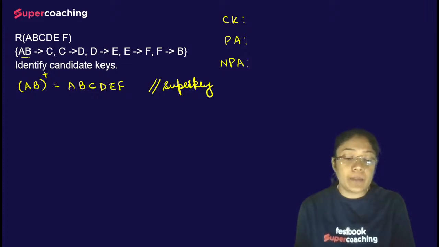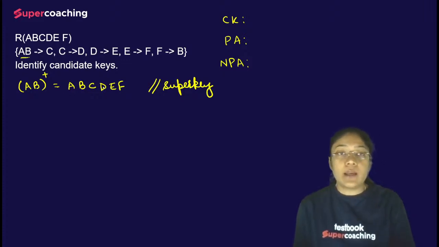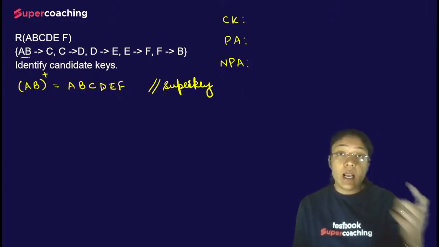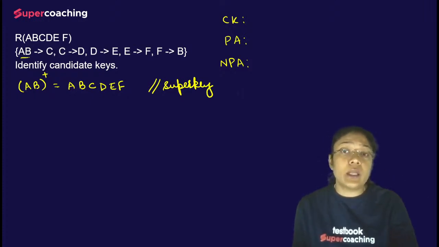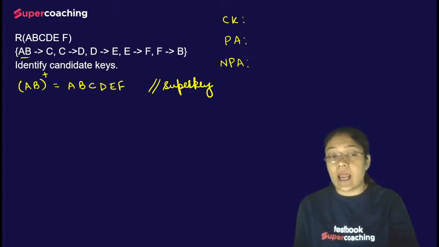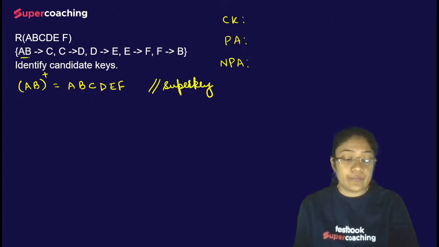कल काफी बार बताया है मैंने आपको ये concept. So since it is determining all the attributes of relation, but still I'm calling this a super key, not the minimal super key or the candidate key. Anyone? Waiting for your response.